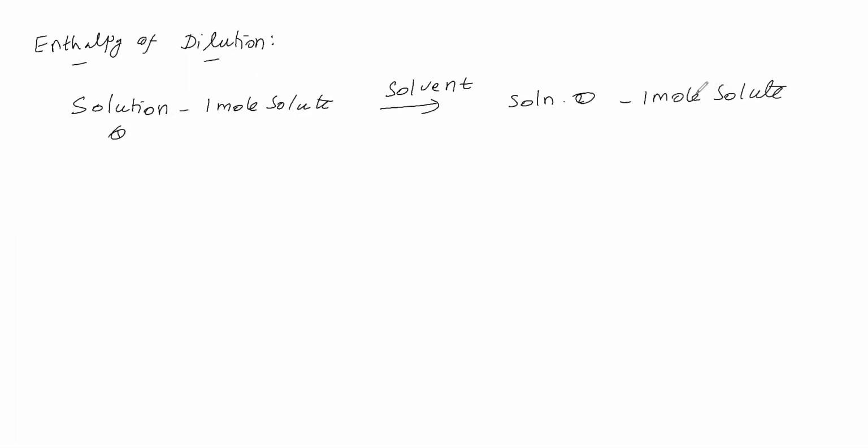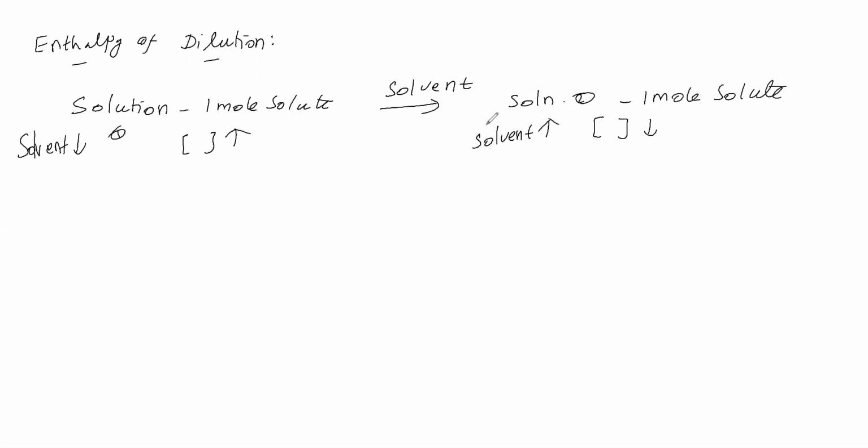But the concentration is higher here, and lower here. Because here 1 mole of solute is there, here also 1 mole of solute, but solvent quantity is less here and more here. More solvent quantity means less concentration. Even you can see the preparation of juice.